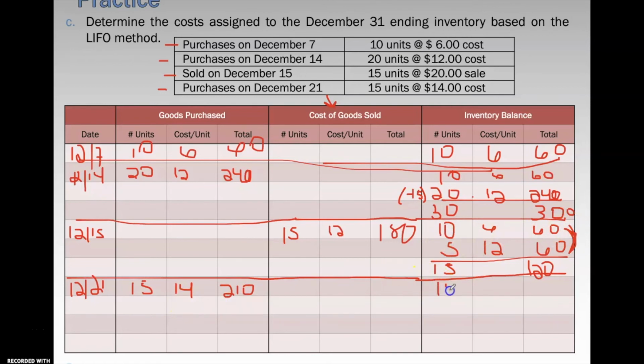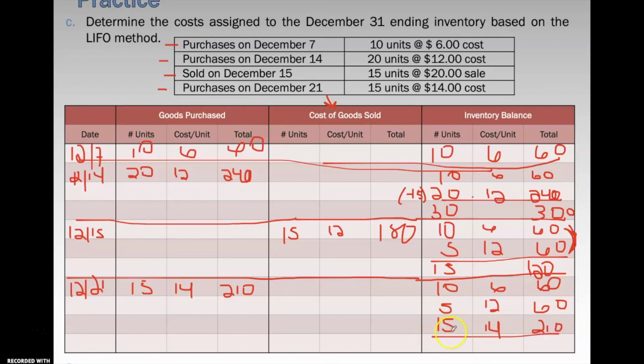So you just kind of have to write that all in. Lots of repetition here. I'm just copying this down from my balance up top. So this comes from this, plus the new purchase I made, 15, 14, 210.